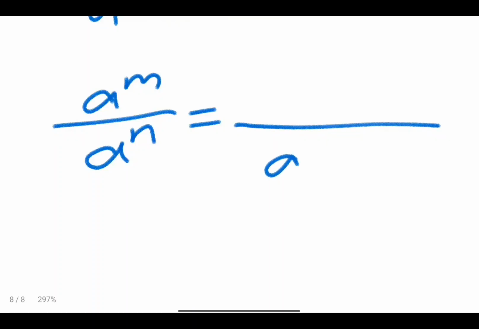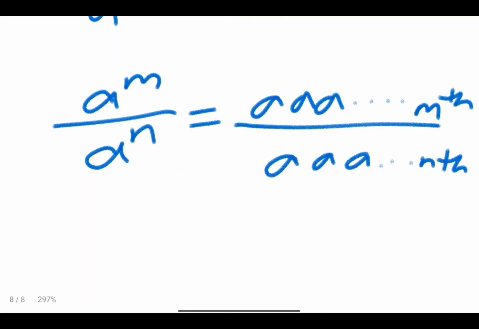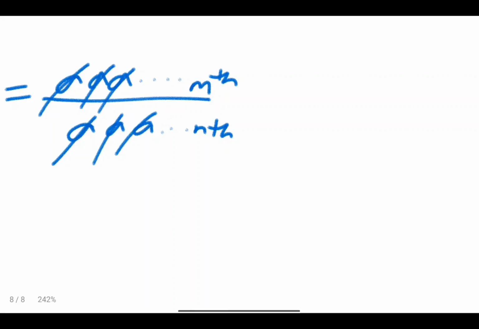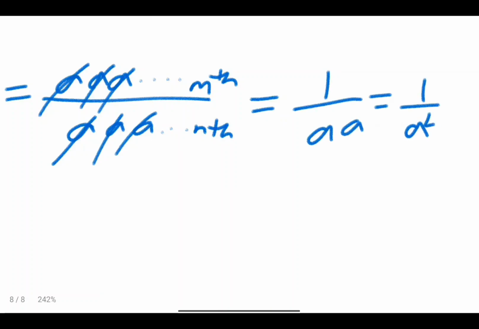It means to the nth term, and now we start chopping each other off like this. So this will continue to happen till either the top or the bottom runs out of a's. If it is like this, finally, then it turns to this, which turns to this.